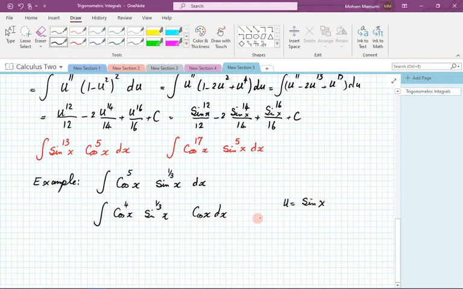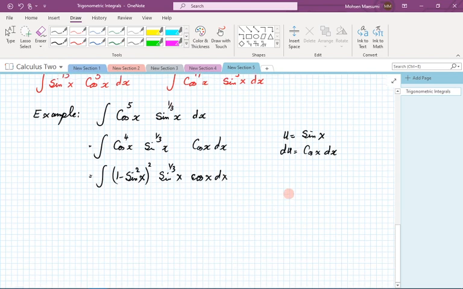So that du becomes cosine of x dx. Make the substitution here. So cosine squared will be 1 minus sine squared, but cosine to the power of 4 is going to be the square of that, then times whatever power I have here. And this is cosine of x dx.